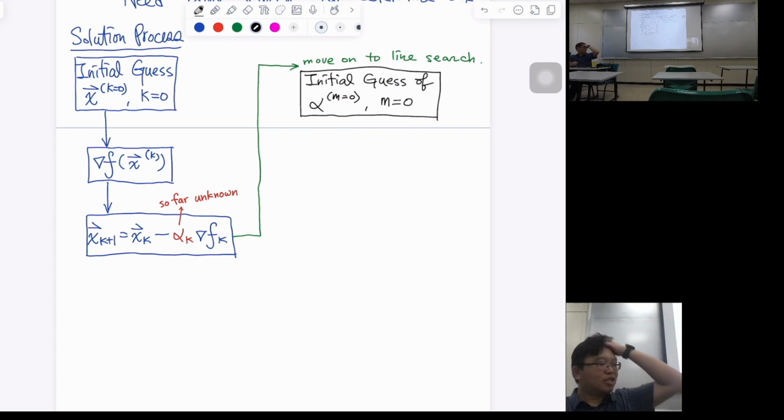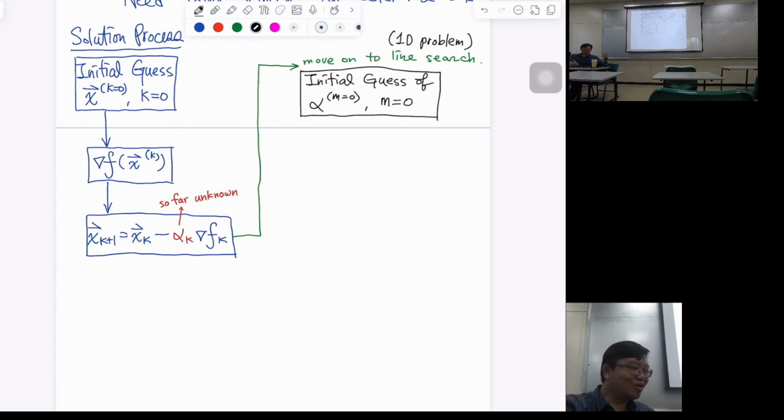Since my variable is alpha, it's a scalar. It's a 1D problem. You notice it's a 1D problem. There's no second variable, only one variable. And what I enjoy doing is to solve this by one-dimensional Newton, because Newton is quite accurate.